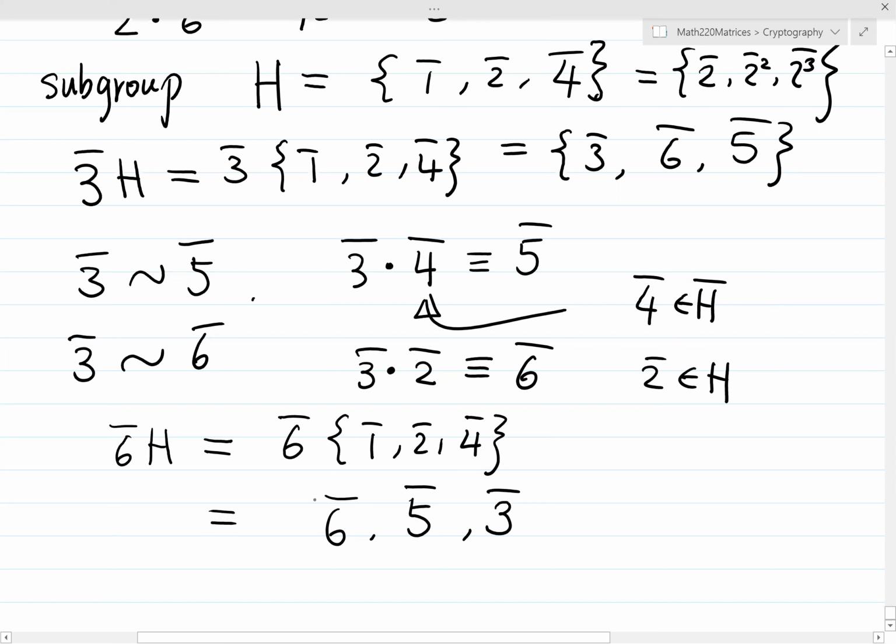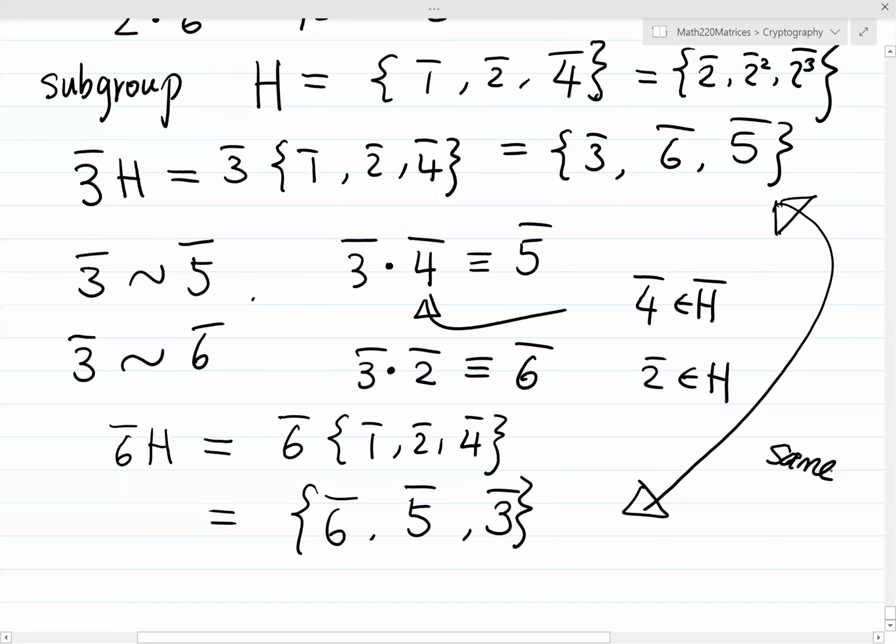So these just rearrange the order of this set, the same equivalence class. In a set, the order of elements you can permute. It doesn't matter. Same set.